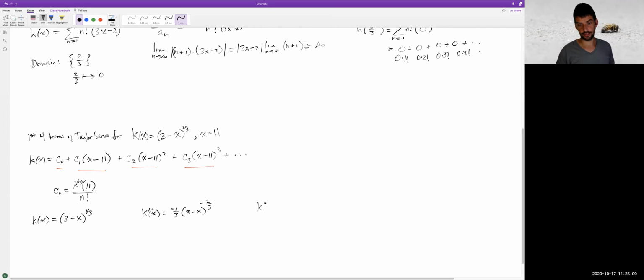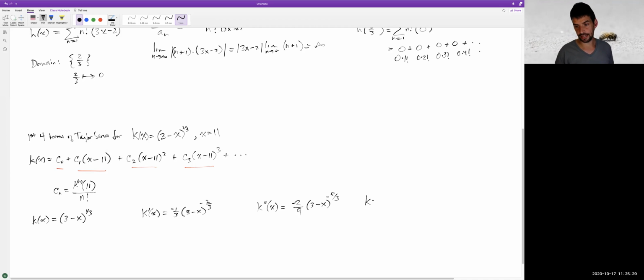Then k double prime of x, I'm going to get negative 2/3 times negative 1/3 gives me 2/9 times 3 minus x to the negative 5/3. But again, I'm going to get a negative popping out.